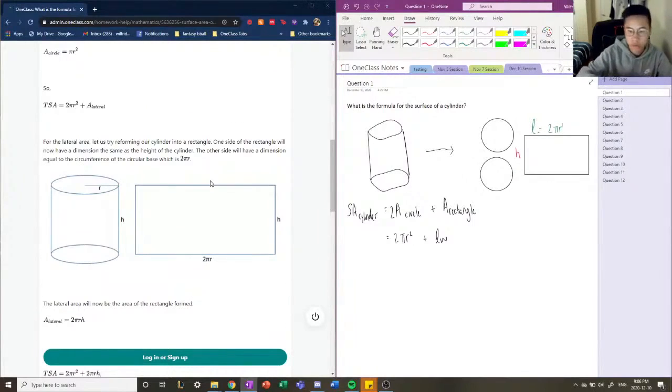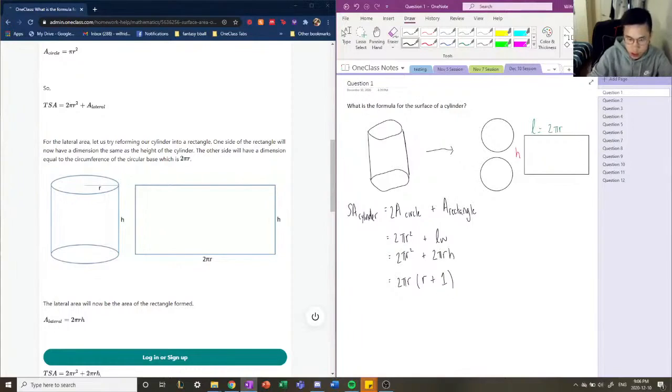Okay, so if we were to add this all together, what would we get? We have the area of two circles, which is 2 pi r squared, plus the area of a rectangle, which is 2 pi r. And if we were to factor out 2 pi r, we would get r plus, oh, I forgot the h.